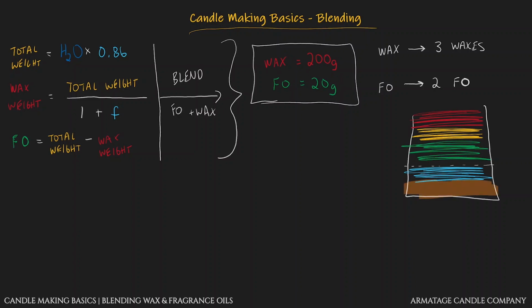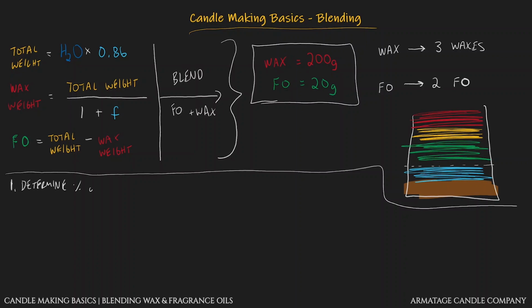Well, the first thing we're going to have to do is determine how much of each wax we want to blend. And this is a relatively arbitrary item, something that you're going to trial and error, but we have to know these numbers going in. So we will determine the percentage of each item.